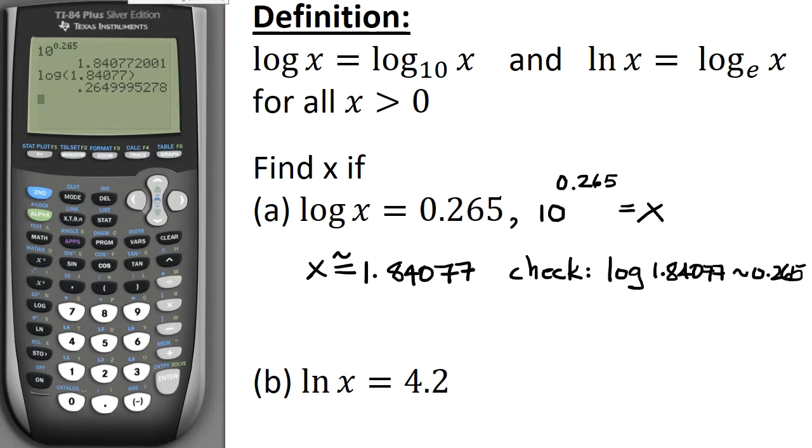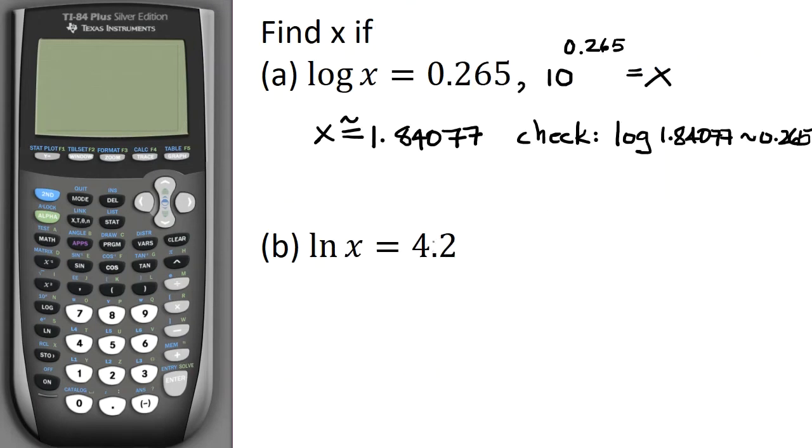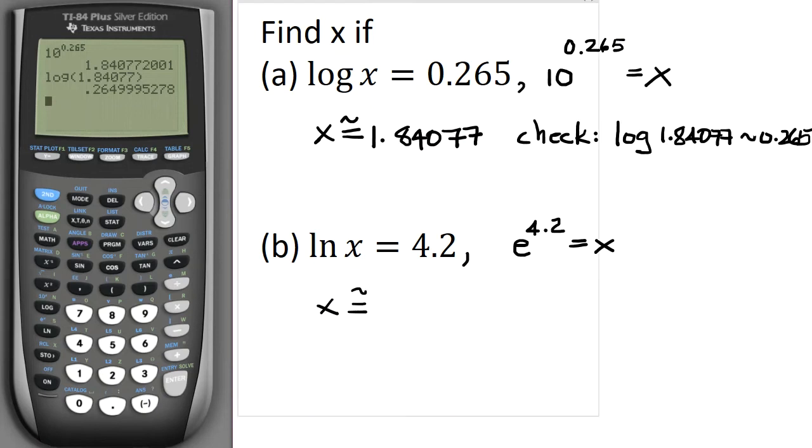Let's do problem B next. And we're going to use the same approach to solve this problem. We will need to think about the definition here. So we have e, and a logarithm is an exponent, to the power 4.2 equals x. And let's put that into the calculator. That's going to be an approximation too, of course.